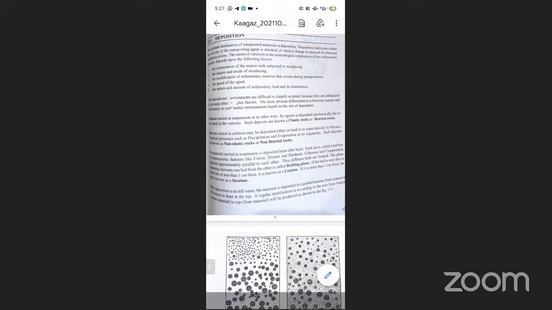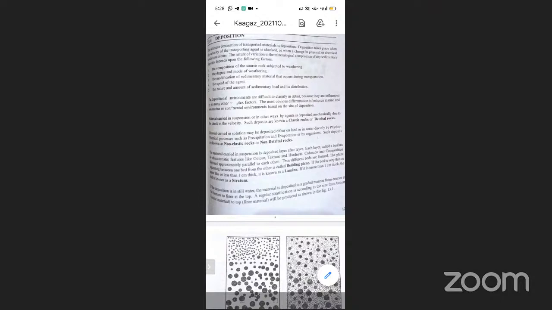Suppose the material, whatever is carried or transported into the basin, is deposited layer by layer. Each layer we call a bed.